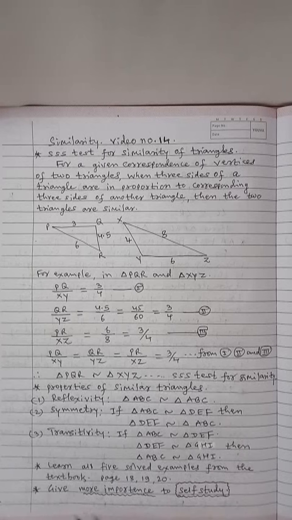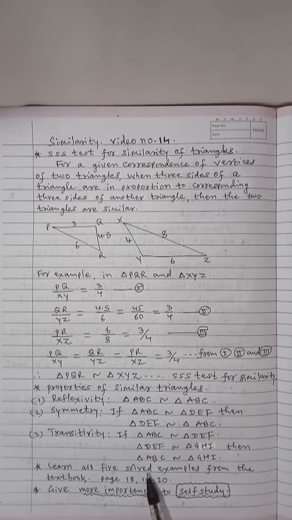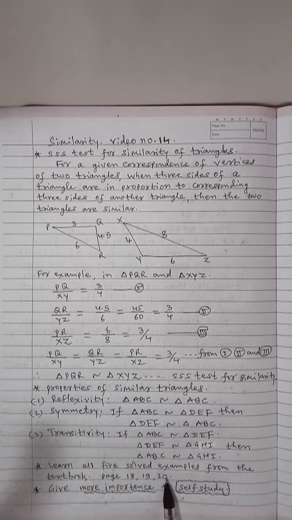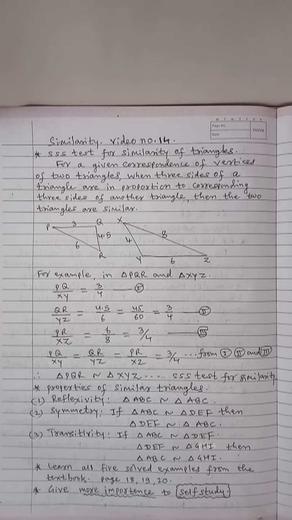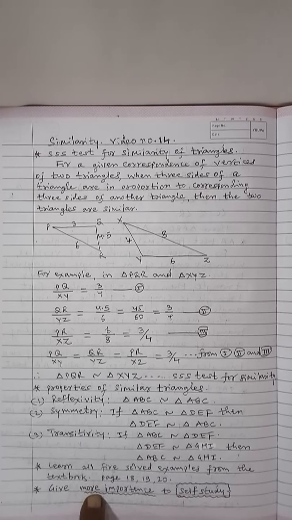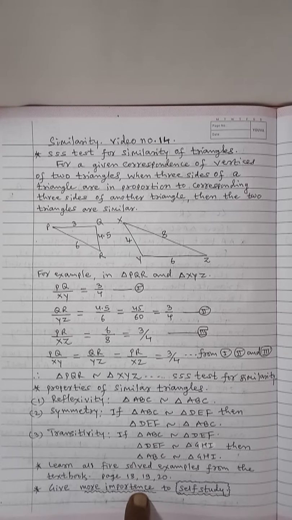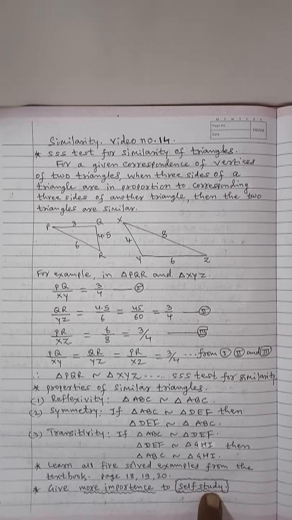Listen students, learn all 5 solved examples from the textbook, page numbers 18, 19 and 20. Go through the solutions, learn carefully, get it understood, so that it will help you in understanding the solutions of the problems from the practice set. Here, give more importance to self-study.